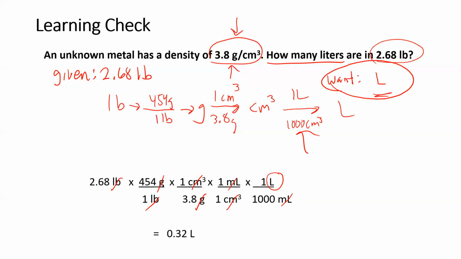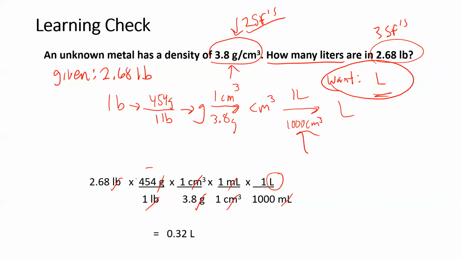Now, why 0.32? Well, in the actual problem, I'm given 2 numbers. The 3.8 grams per centimeter cubed for density, that's 2 sig figs. 2.68 pounds, that's 3 sig figs. So what's less? Because all of this is multiplication and division, 2 sig figs is smaller. So my final answer should be 2 sig figs.